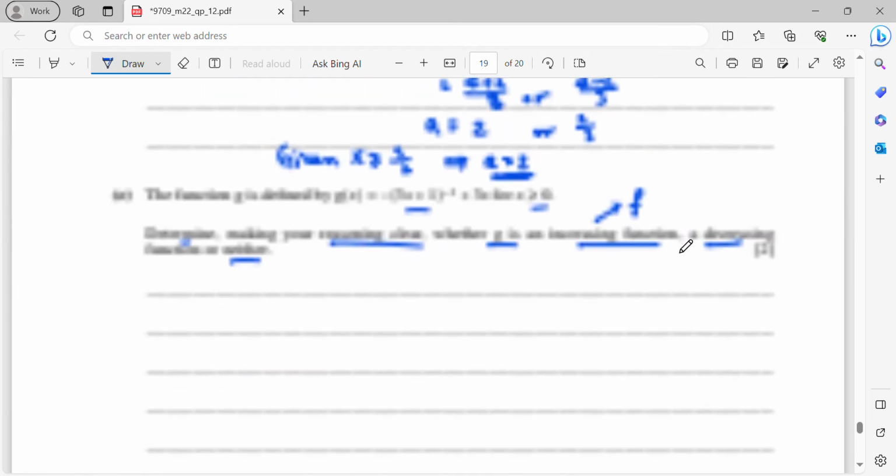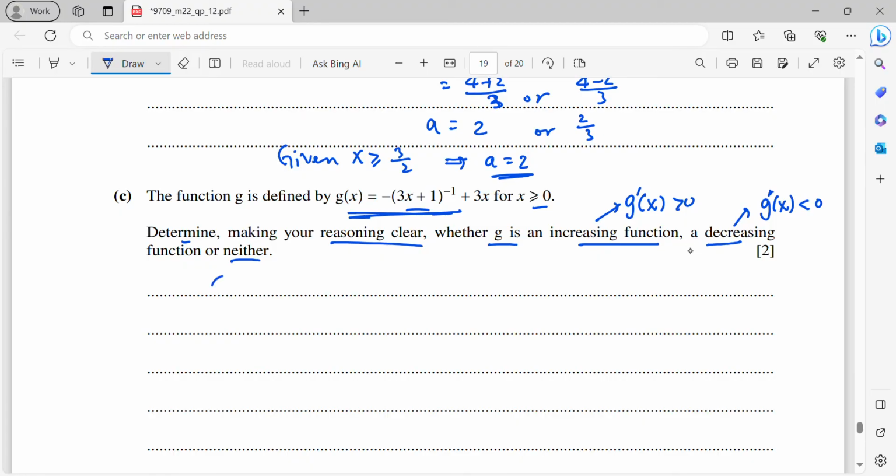So I will write, compare g x equals negative of 3x plus 1 to the power of negative 1 plus 3x with y equals k, not negative k, it is k just now.